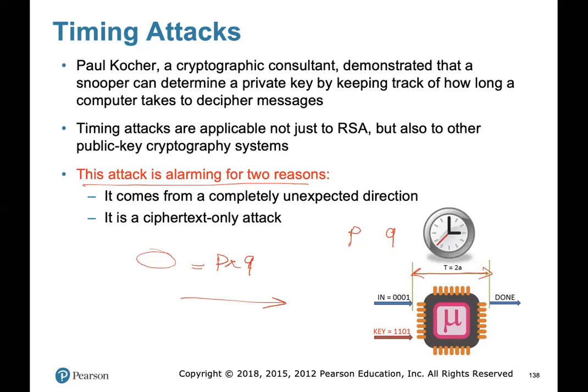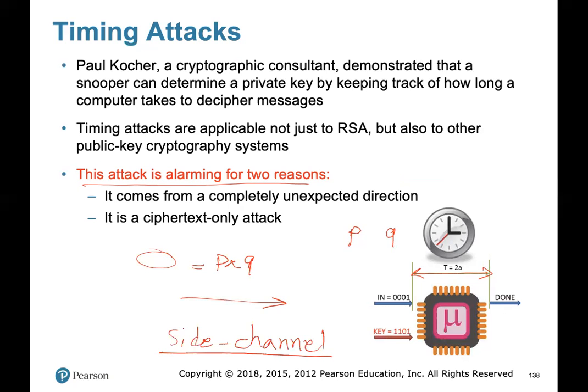Of course, I'm not giving you the details of the attack, but the attack uses this side information, which people also call side channel, in order to bypass a large number of possible keys.